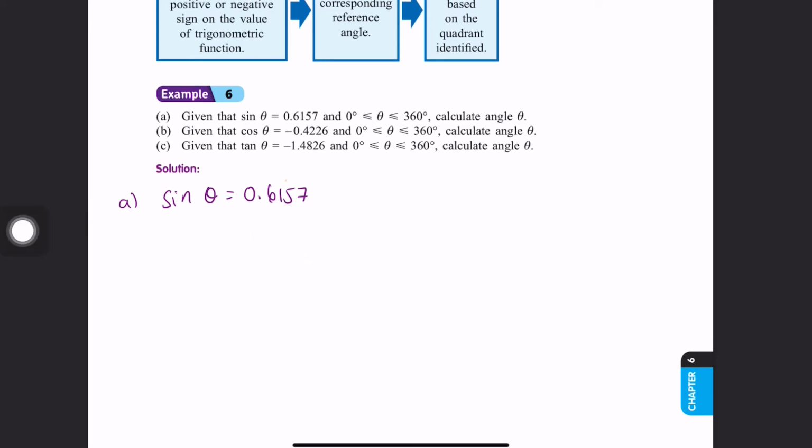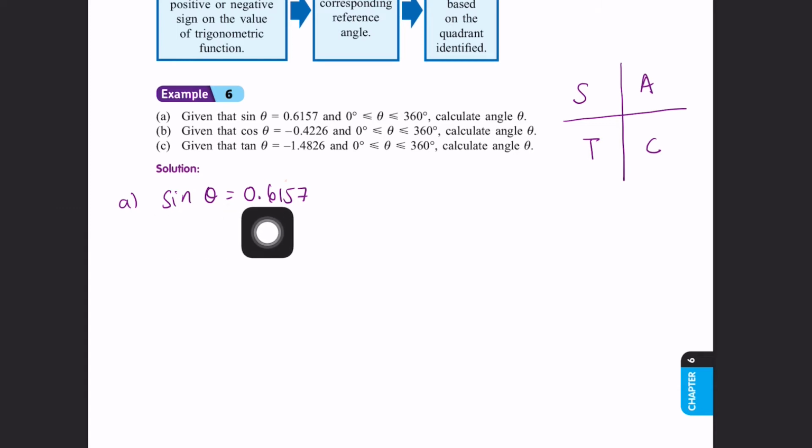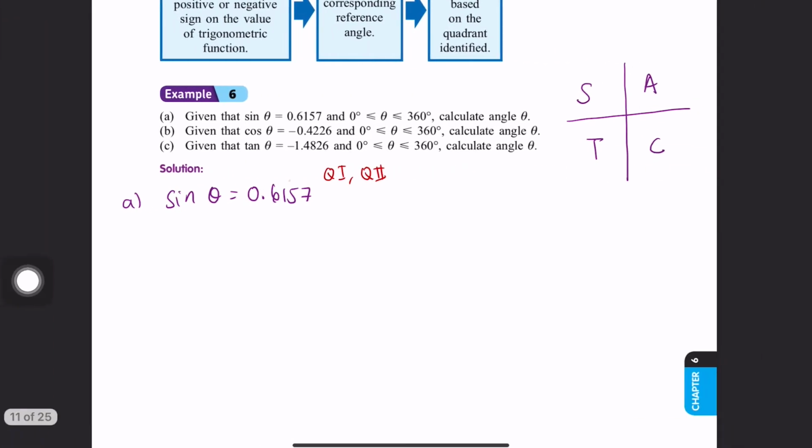So now kita tengok balik, we look back at our quadrant, add sugar to coffee. Okay, sine is positive at which quadrant? Sine is positive at the first quadrant and second quadrant. So it means theta should be in quadrant 1, quadrant 2. Biasakan diri tulis quadrant ke berapa.